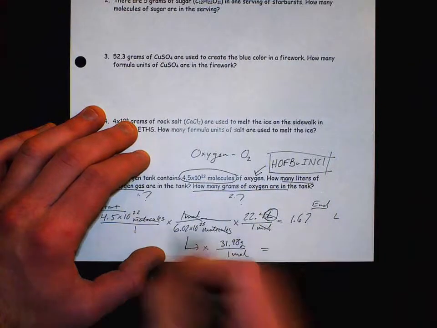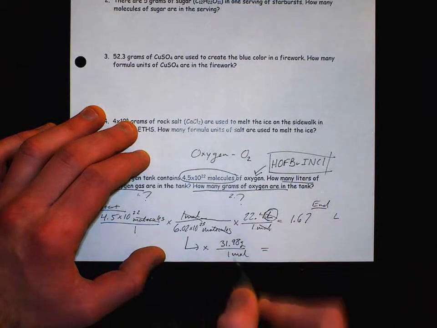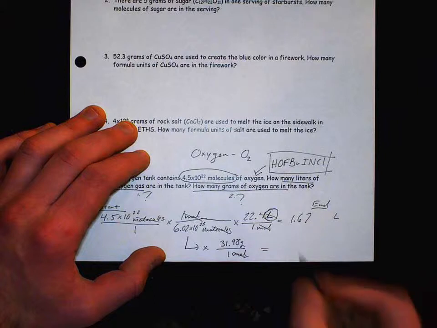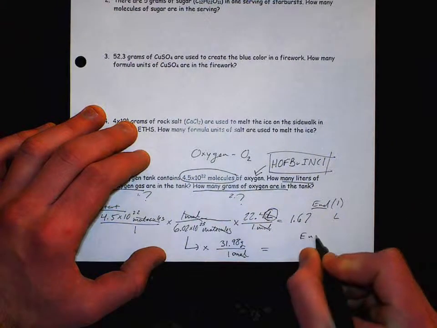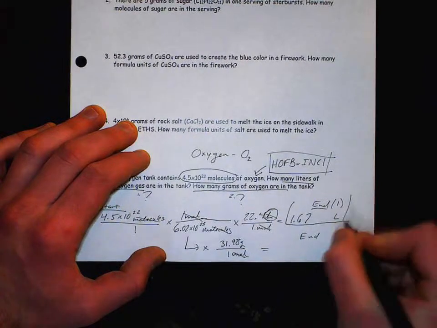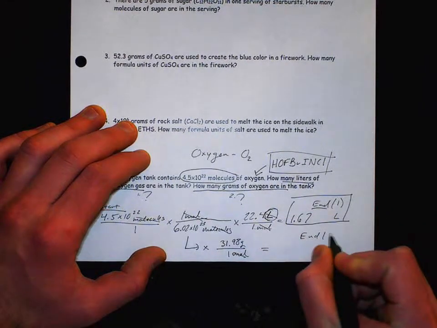Same thing: it will cancel molecules and moles, and we're going to have grams left on top. So this is our ending 1, the answer to number 1, and this is 2.